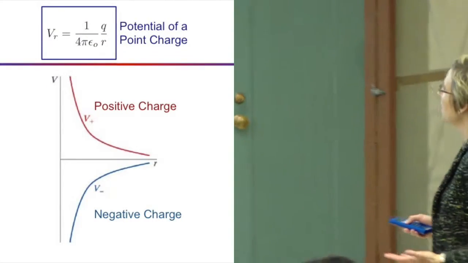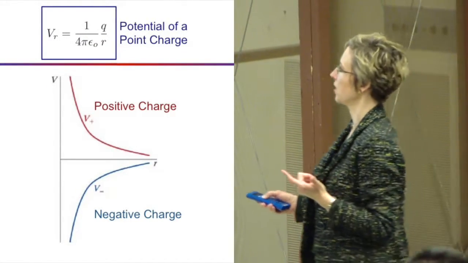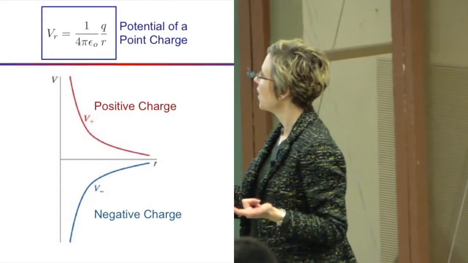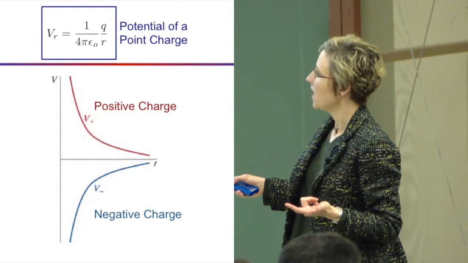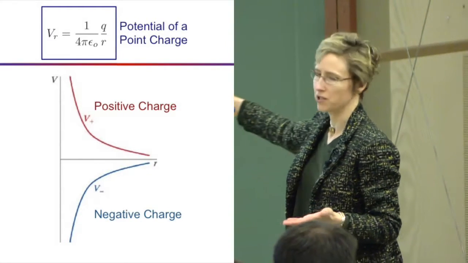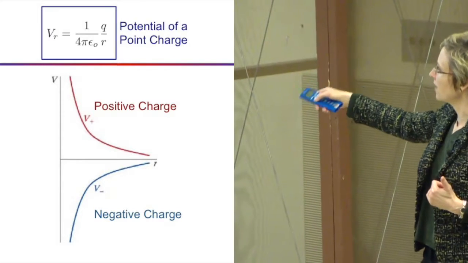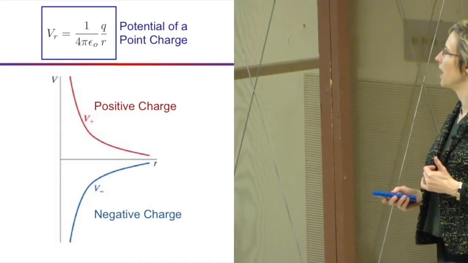OK, here's the graph of it. If I think graphically, then if this is a positive point charge, I like to think first in terms of positive charges. So if this is a positive charge q, then this graph will just look like 1 over r. If I plot the potential versus distance from the point charge r, it goes like 1 over r with this prefactor of q over 4 pi epsilon naught.